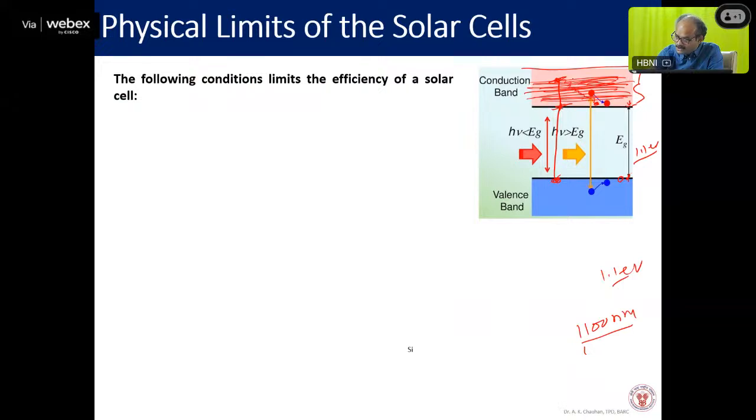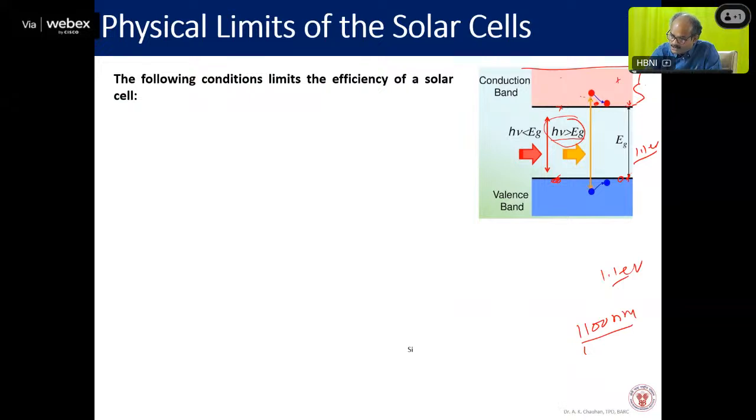During this, it will lose all that energy. This is a very small amount of energy, and it will go into heat. So ultimately, this electron which is here will come down to this level. Now, if the energy is more than Eg, the band gap, then what will happen?